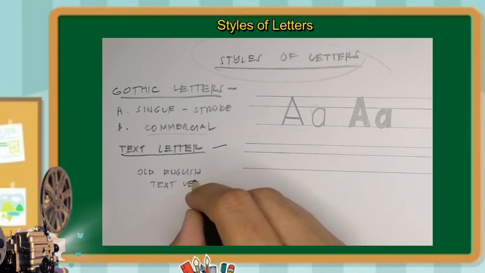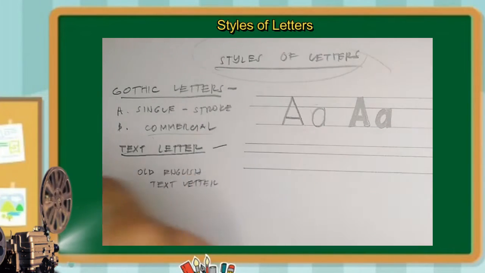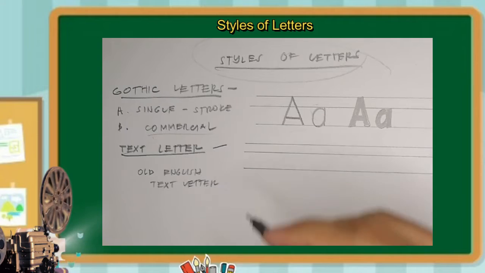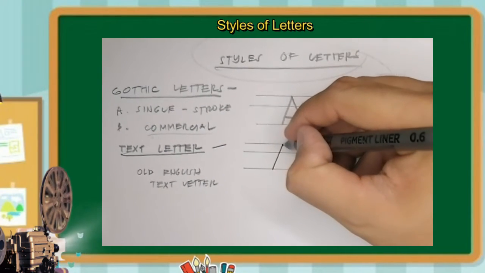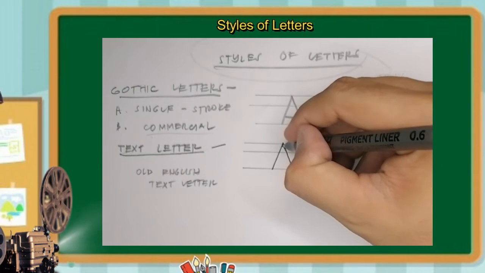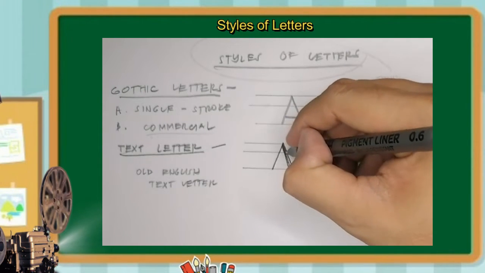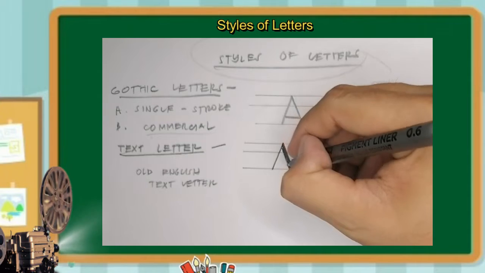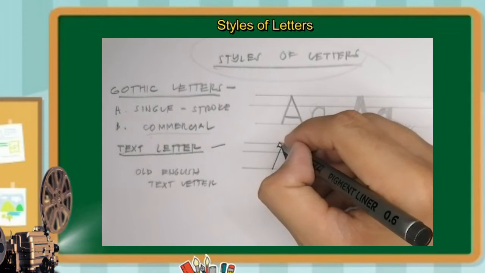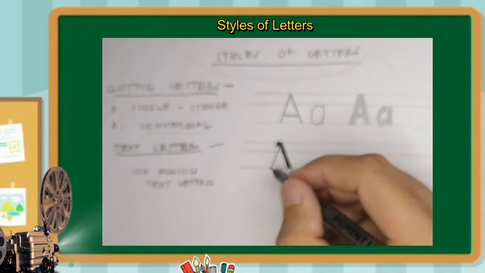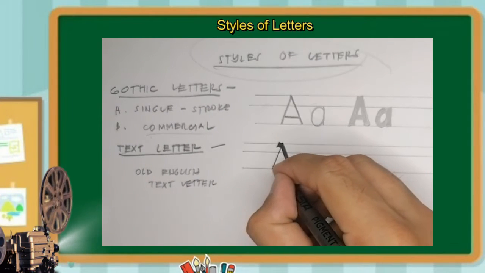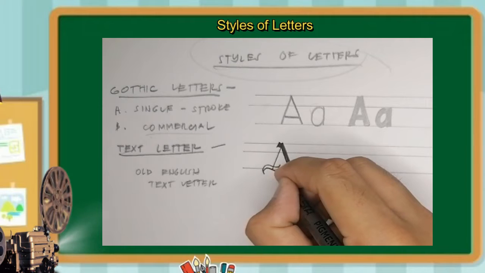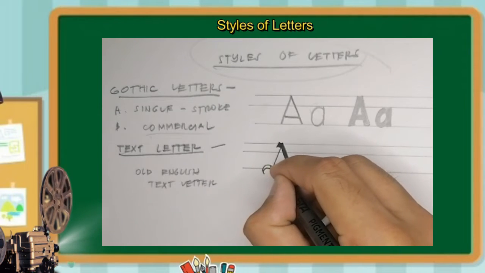So let's look at the appearance of an Old English text letter. We'll be using letter A. Here, the size of its stem varies, that's why it's very important that we use a fitting pen. Here I just used it manually since I don't yet have the calligraphy pen. So I'm just showing the appearance of an Old English text letter.